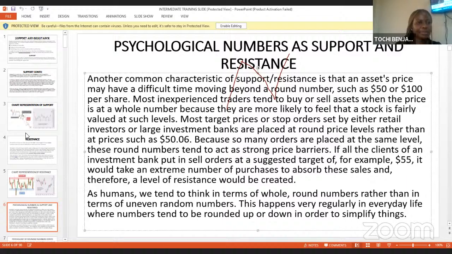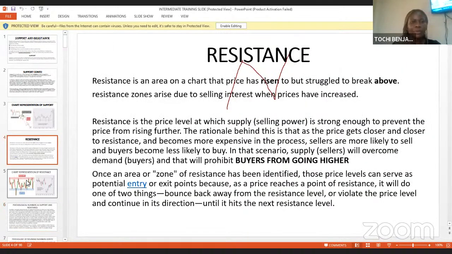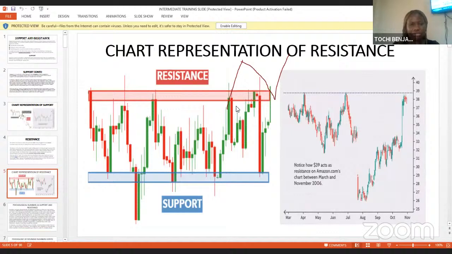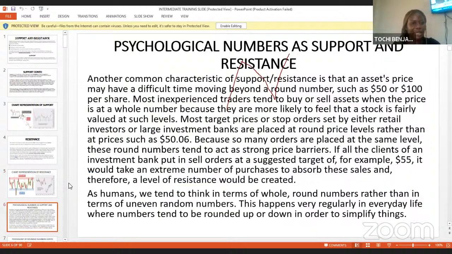All of this talks about charts, patterns. Everything boils down to support and resistance.